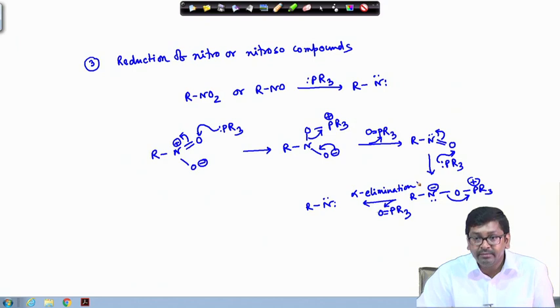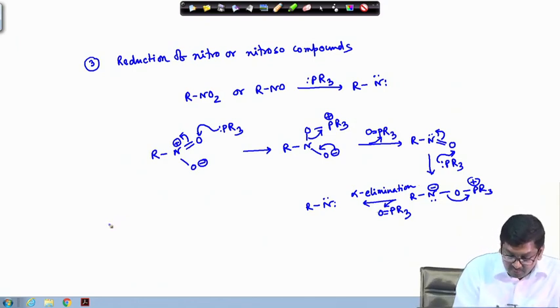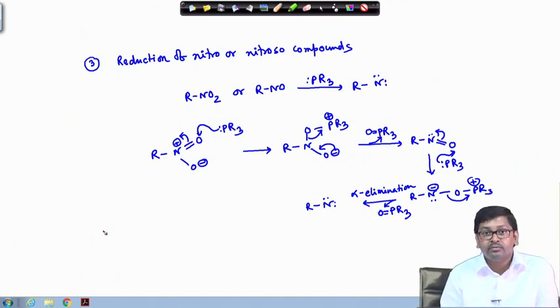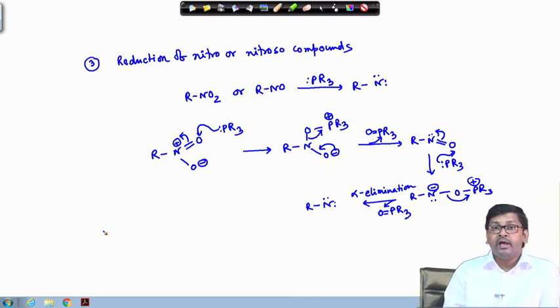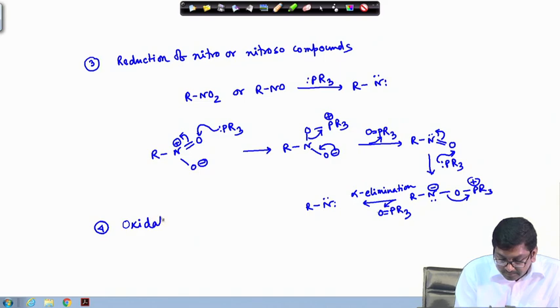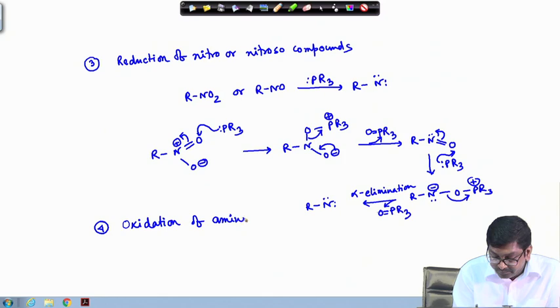Similarly, there is another method, which I have already shown once when we discussed the stable nitrene compound which is possible to detect, where we mentioned that hydrogen type of moieties also can be oxidized to get the nitrenes. Okay. So, that way we will also discuss another method, that is called oxidation of amines or hydrogens.